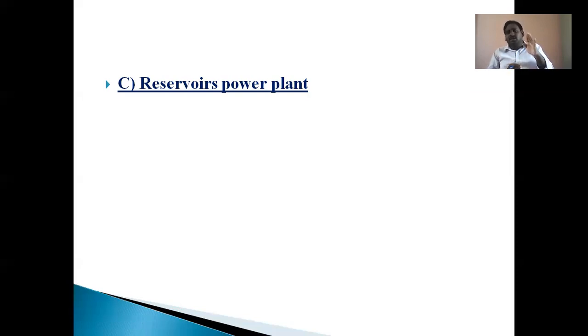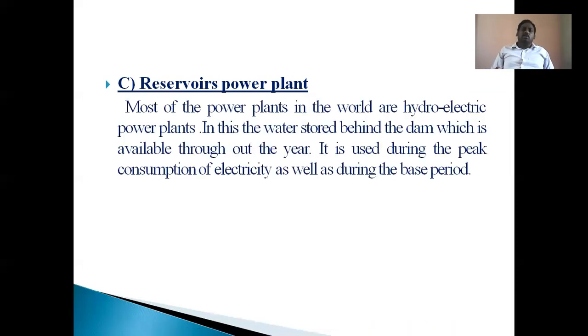This can increase the storage capacity of the plant and the capacity of water flow. Finally, the potential energy stored in the water is more, and the electric power generated in the hydroelectric power station is also more. That's why these reservoir type hydroelectric power plants are used during peak consumption of electricity as well as during the base period.